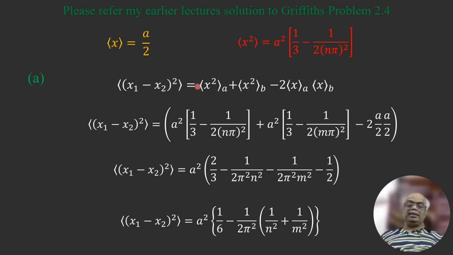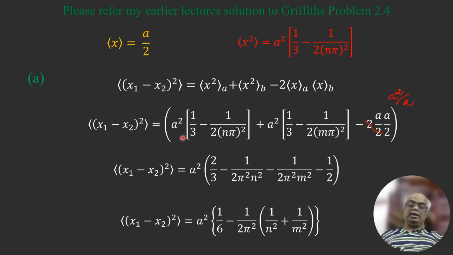Then the expectation value of x is a by 2 into a by 2. Here you have 2 times 1 over 2, so the 2s get cancelled. So the last term is a squared by 2.